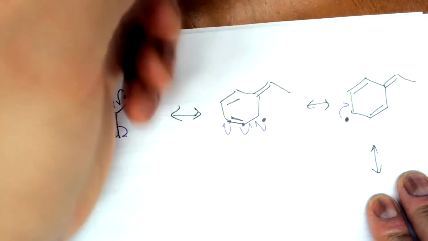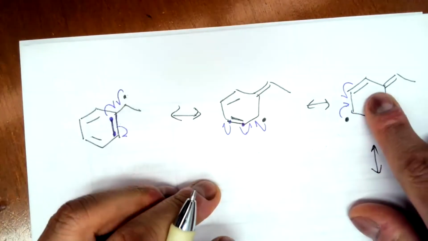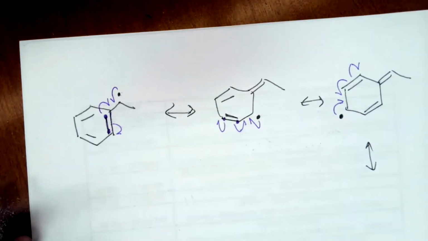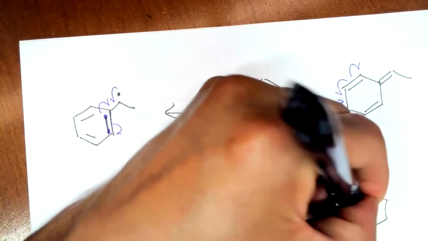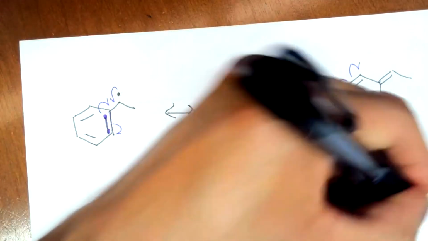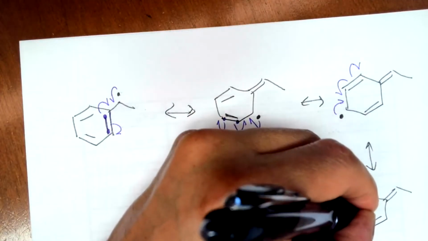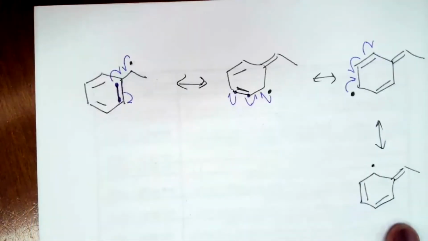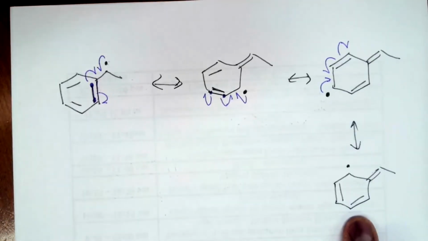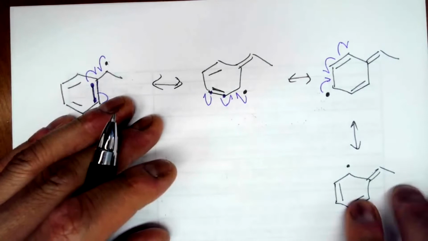This pi bond breaks, and this one goes to the carbon, double bond, another radical. And that's it.